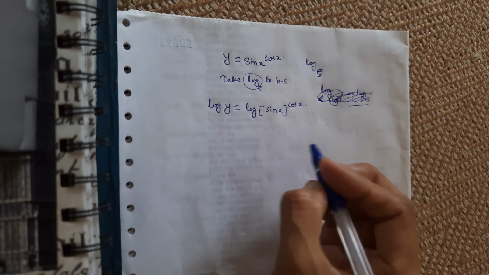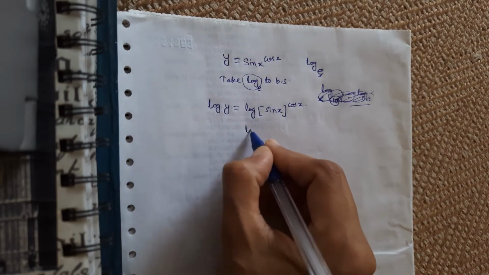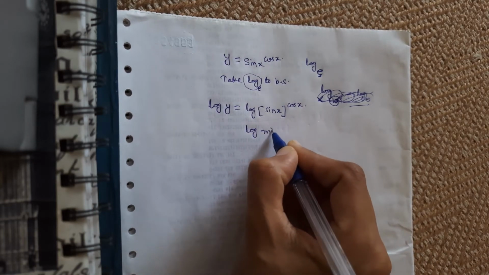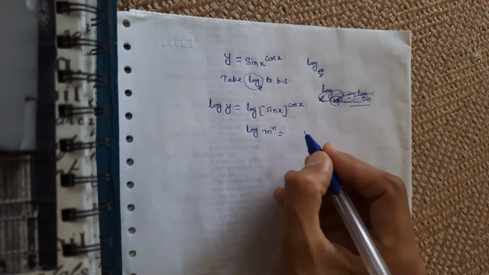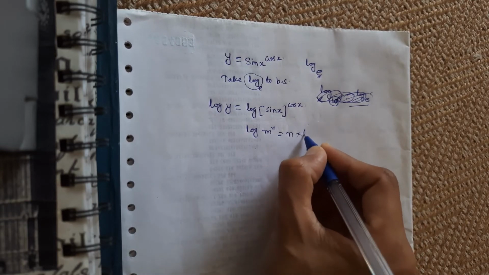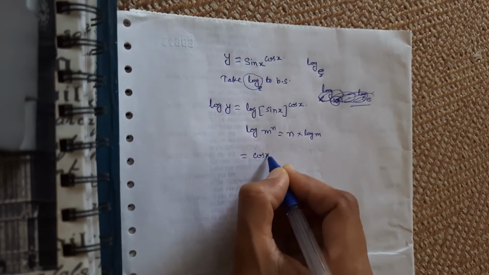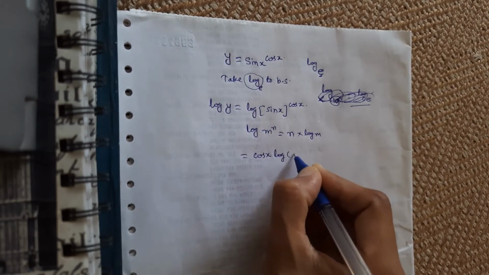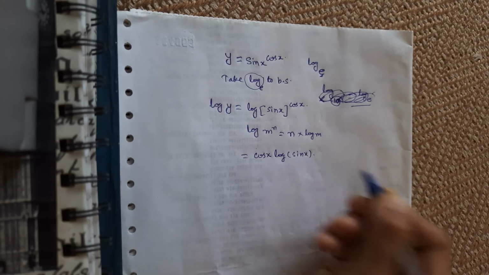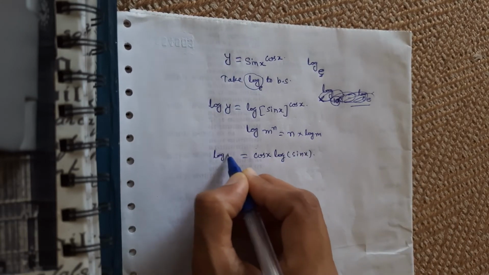Okay, now again by the logarithmic rule, we get n into log of m. So I am applying the same rule here. I will get cos x multiplied by log of sin x. Okay, this is my log y.